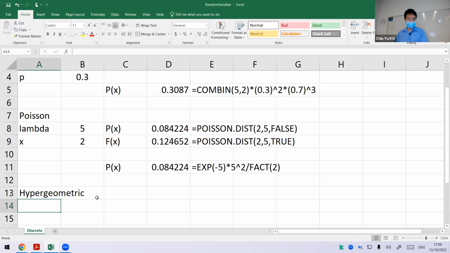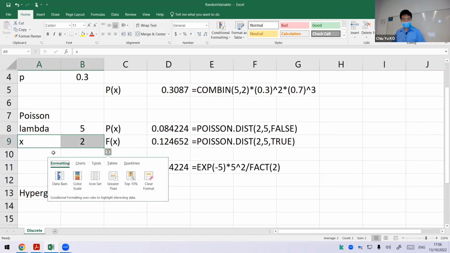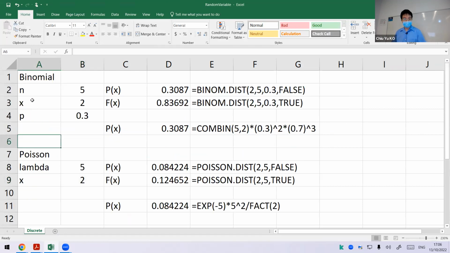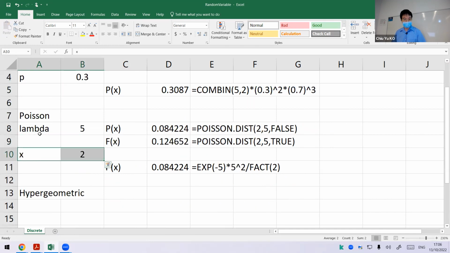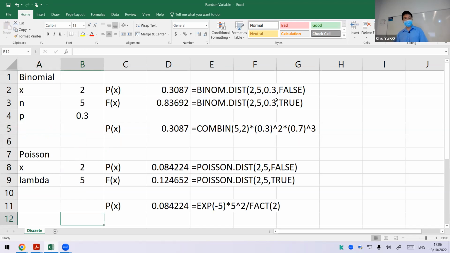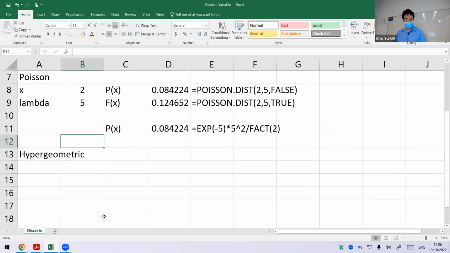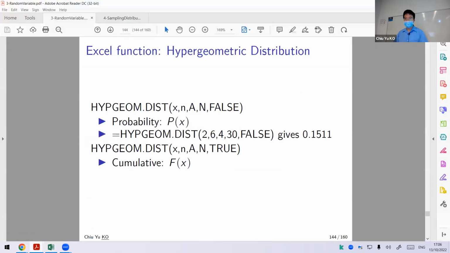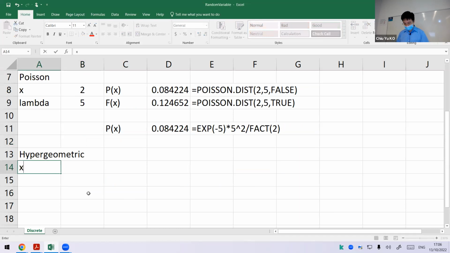x, n, a, N. I think I should swap a little bit of the order. It is better to have this, because what I'm trying to do is order the data exactly the same as the order of appearance in your function, so that it becomes easier.